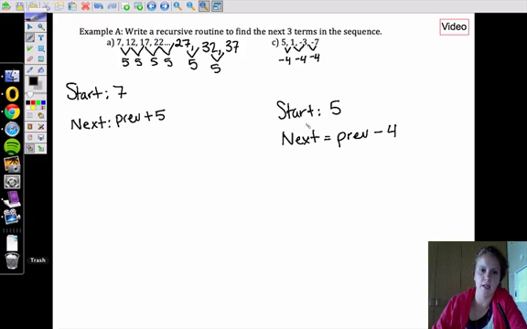Okay, and this is an additive sequence, and so this also could be written as next equals previous plus a negative 4. Same thing. Adding is just always, subtracting is just adding the opposite. So if we subtract 4, add a negative 4 to negative 7, we're going to get to negative 11, and then we'll be at negative 15, and then we'll be at negative 19. So that would be our sequence there.